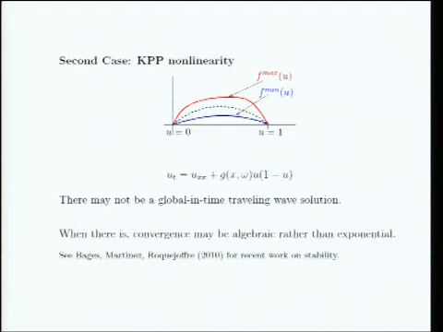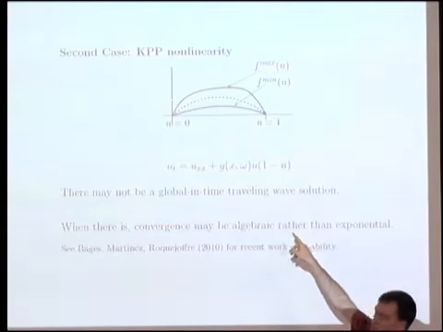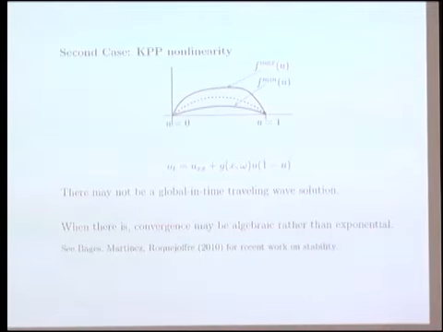All right, so now consider the KPP type nonlinearity. Again, for the KPP case, u equals 0 is unstable. To fix ideas, let's just set f0 equal to u times 1 minus u, and suppose that the term has a product structure, g times f0.